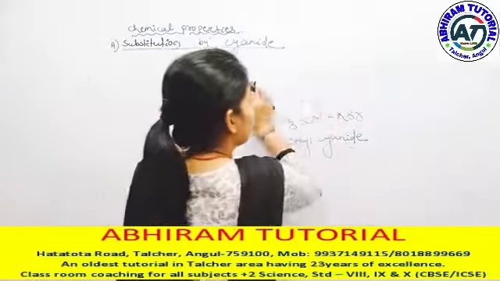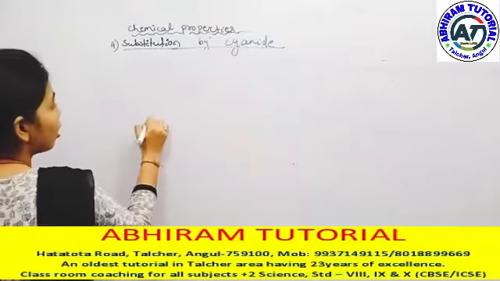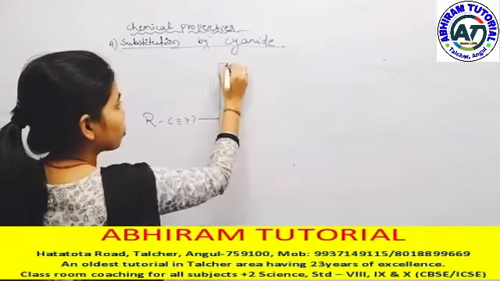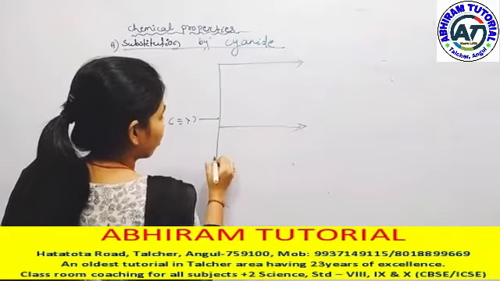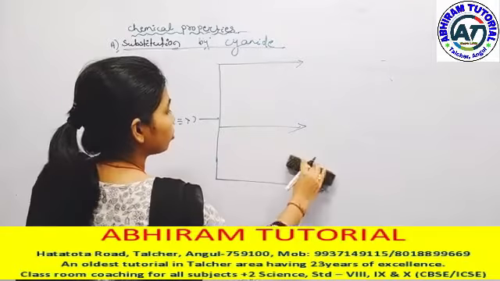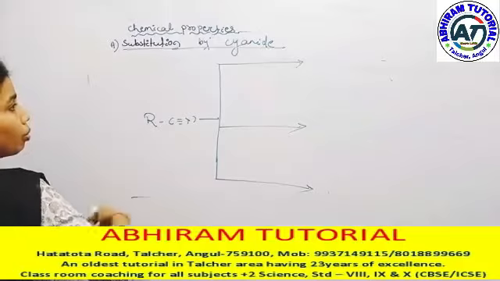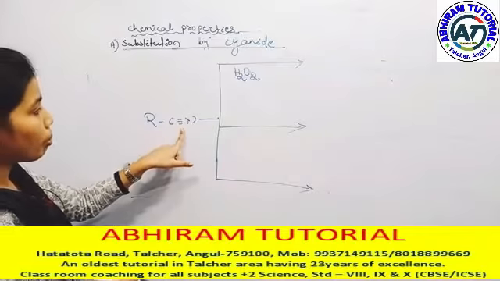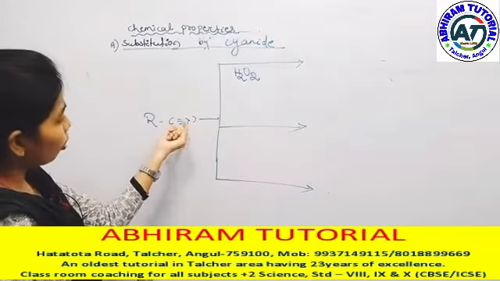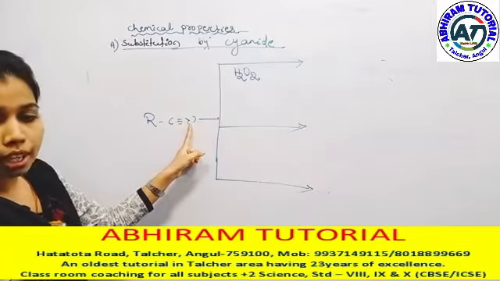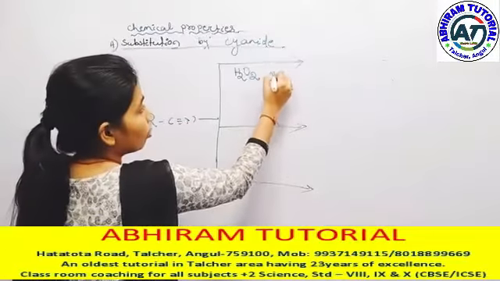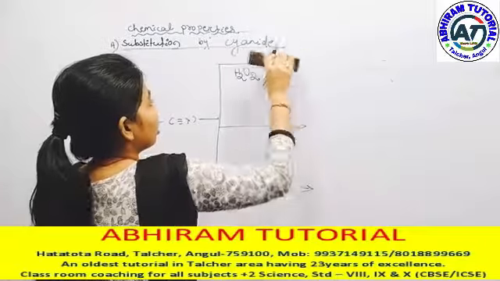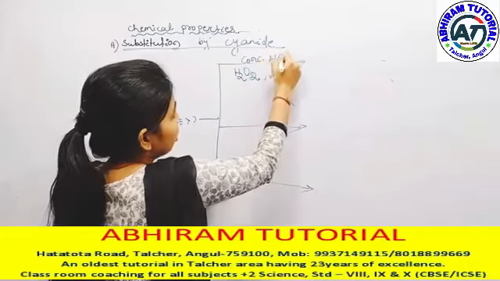Make a table with R, C triple bond N. First of all, if we react with hydrogen peroxide, the C triple bond N may break and give various products.